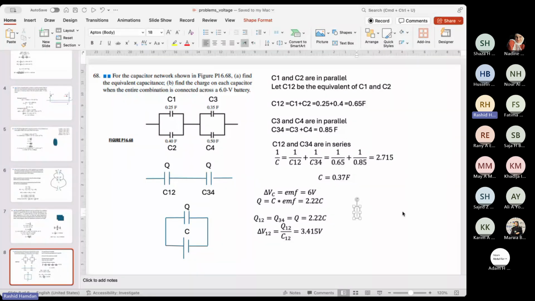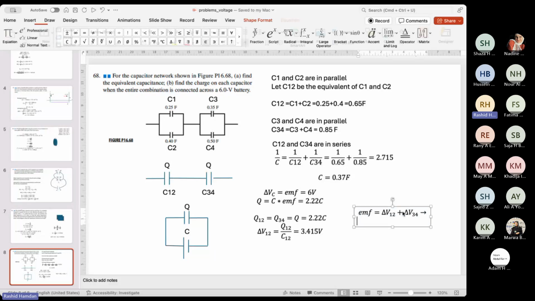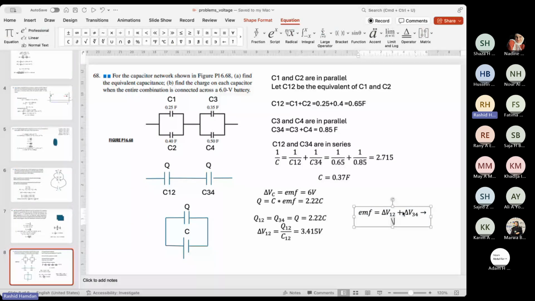I can say that the EMF or V_PN is equal to delta V12 plus delta V34. So this gives me that delta V34 is equal to 6 minus 3.415.